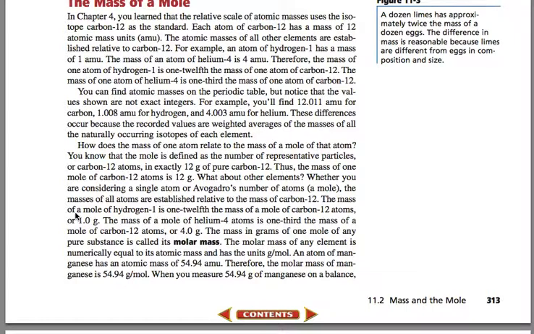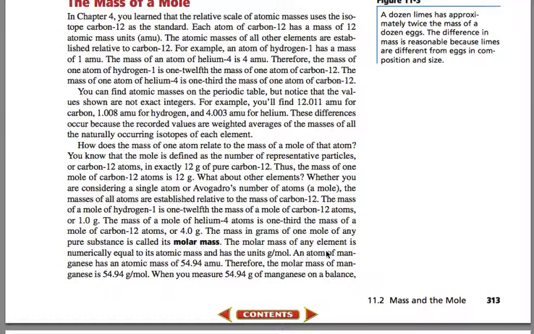The mass of a mole of hydrogen-1 is 1/12 the mass of a mole of carbon-12 atoms, or 1 gram. The mass of a mole of helium-4 atoms is 1/3 the mass of a mole of carbon-12 atoms, or 4/12, which makes it 1/3, right? Or 4.0 grams. The mass in grams of 1 mole of any pure substance is called its molar mass.